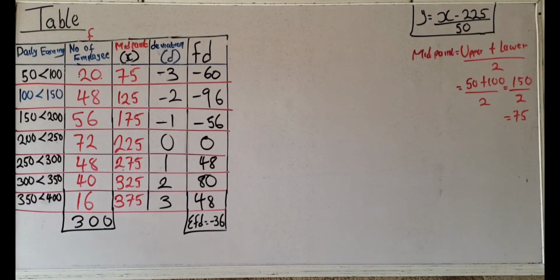Now, this is where I want you to pay attention the most. I'm very sure you understood how I computed this table, how I got all these values on the table.